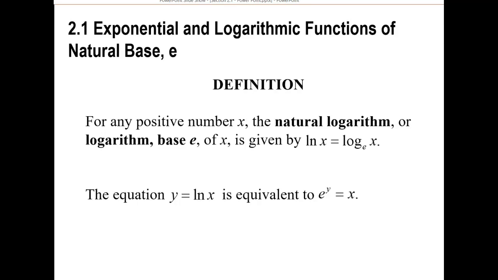All right, moving on here to logarithms. For any positive number x, the natural log, in other words the log that has base e, the number we talked about at the beginning of the section, is given by this notation: ln of x, and that simply means log with base e.